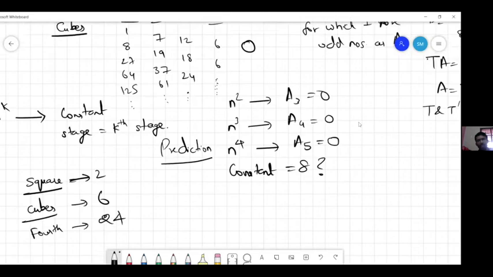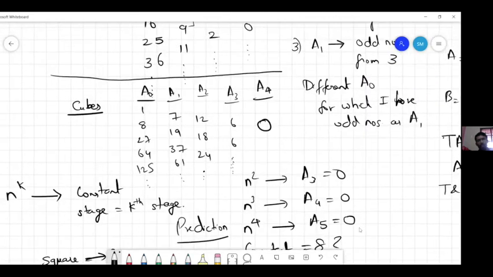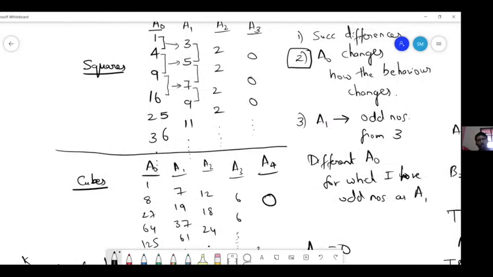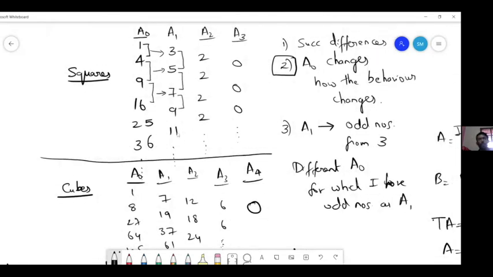Another thing is, let us go back to squares. At least we are seeing that the first 5 terms in A1 are odd, and the first 4 terms in A2 are 2. But can we be sure that the odds will continue, the 2s will continue, and the 0 will continue?